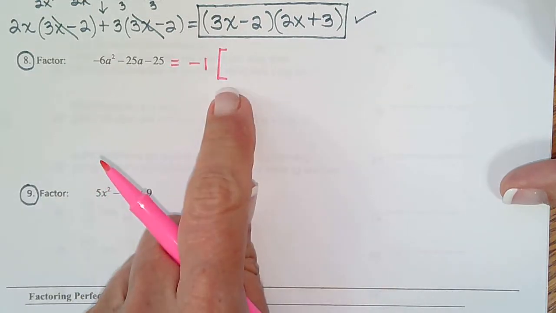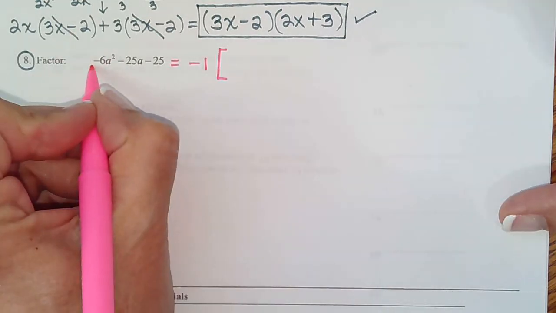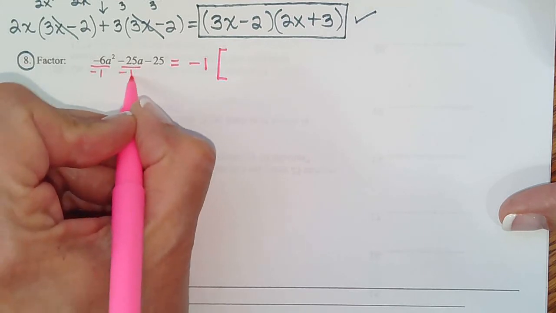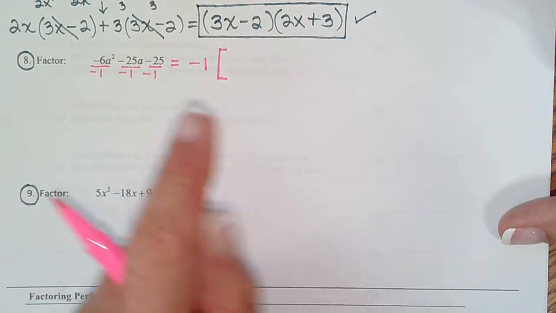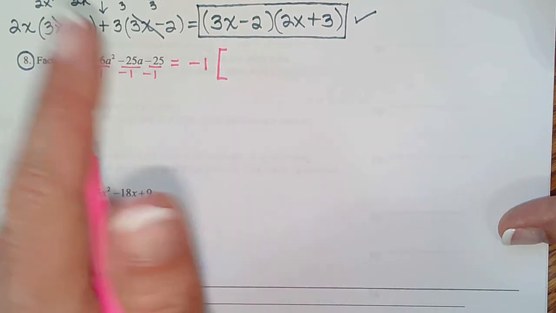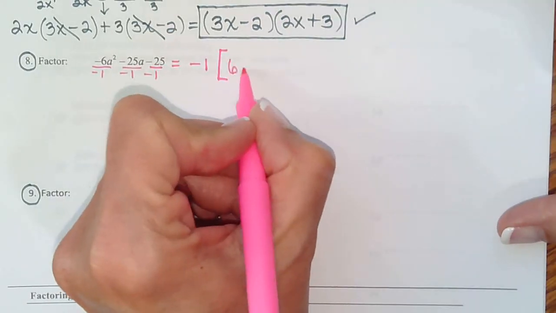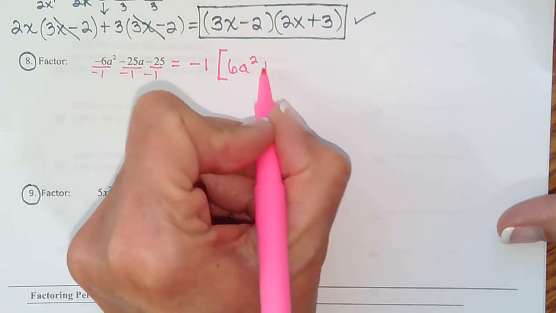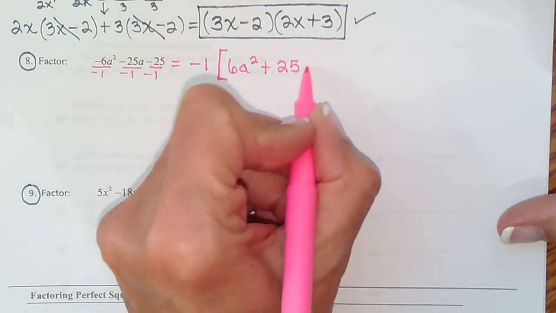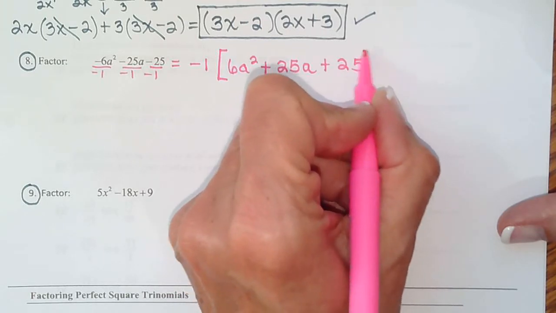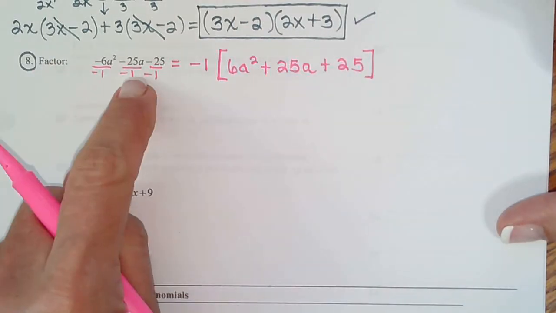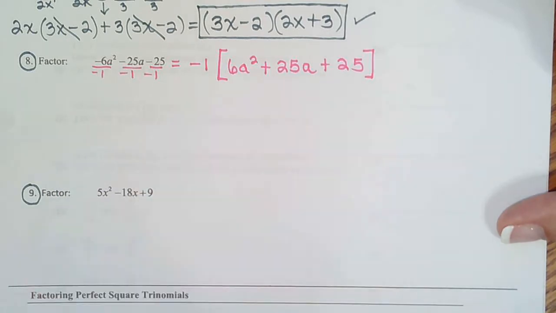Remember how I said on AC method, put it outside a bracket so you don't accidentally incorporate it into your AC method. So when I take a -1 out, I get positive 6a squared, positive 25a, and positive 25. So everything changed signs because I divided by -1.